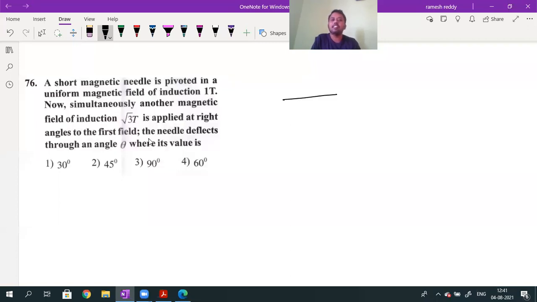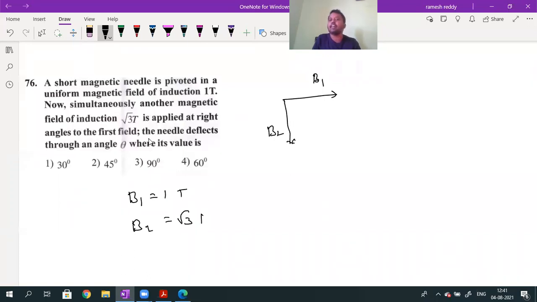First, let me call the first magnetic field B1, given as 1 Tesla. The magnetic needle is initially aligned in the direction of B1. Another magnetic field, B2, is applied perpendicular to B1. B2 is given as root 3 Tesla.